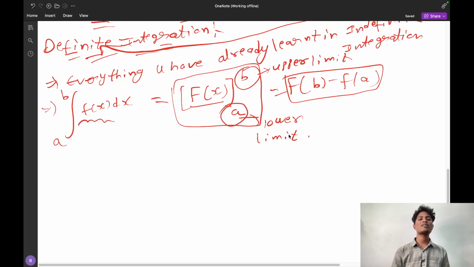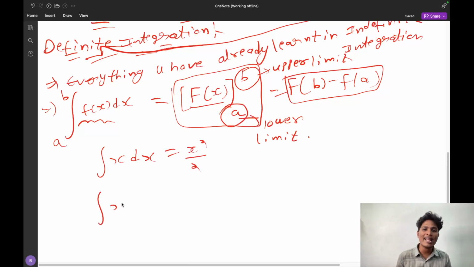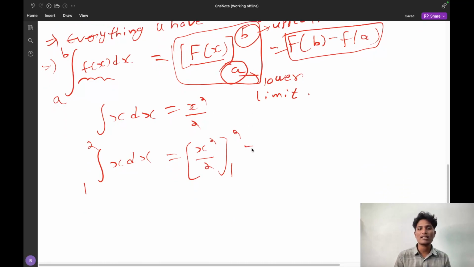Suppose I give you a simple example: what is integral x dx? It will be x square by 2. And what is integral x dx with the limits 1 and 2? That is x square by 2 only, but now we have to substitute the limits 1 and 2. I will get 2 whole square divided by 2 minus 1 whole square divided by 2.